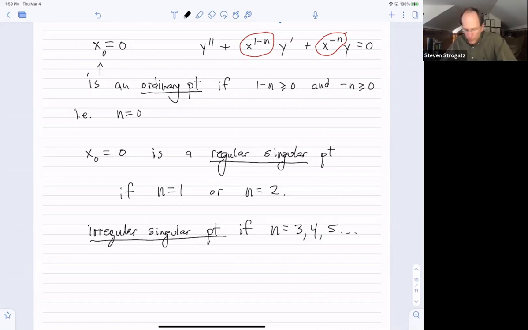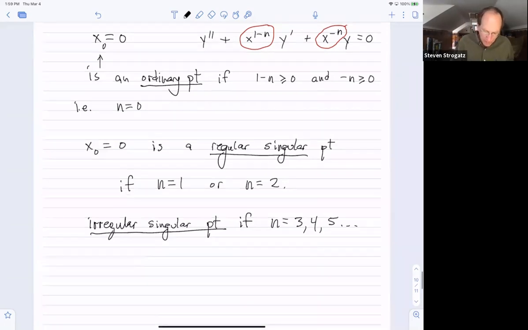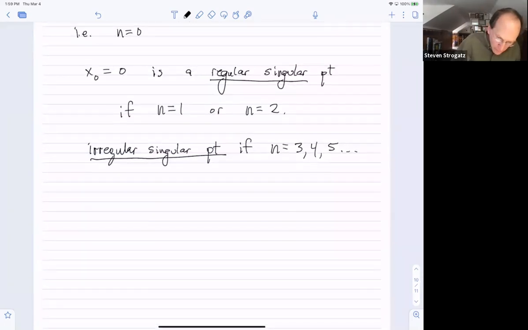Let me also show you something that occasionally comes up. We've been expanding around x equals infinity frequently in our asymptotic expansion of integrals, and we'll want to think about the behavior of a differential equation out at x equals infinity.